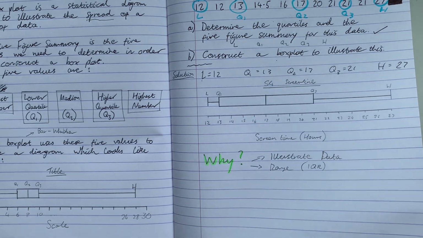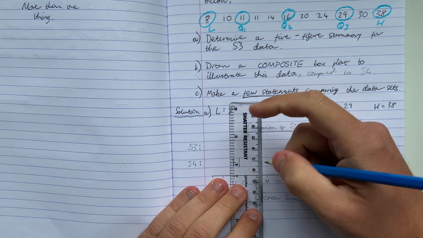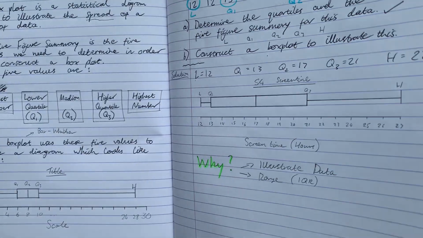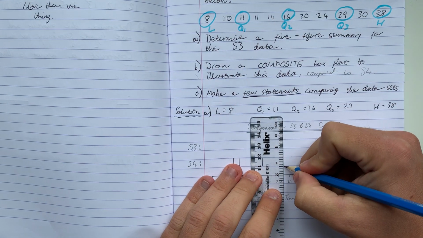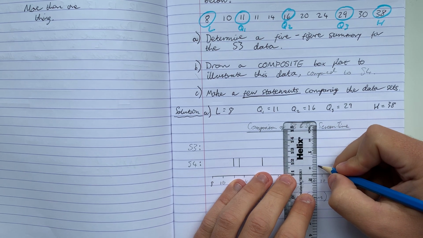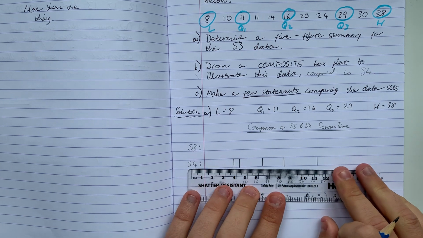I think it was 13 next, is that right? No, 17, 21, 27. So 17 is going to be here. 21 and 27. So 21 is going to go in the middle, and 27 is going to go between 26 and 28, like so. Do my box plot.